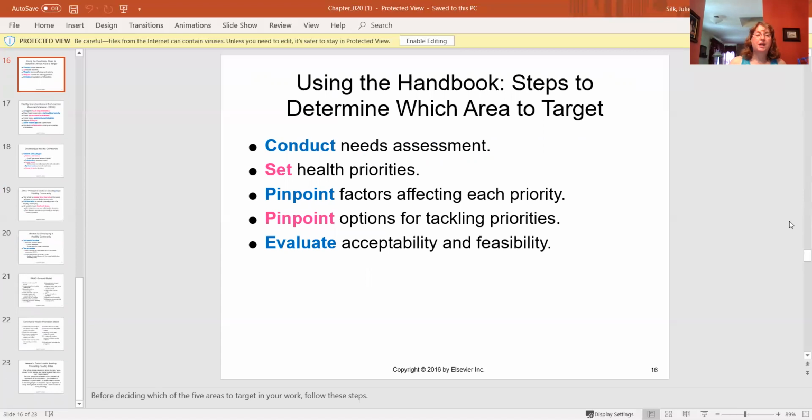When you use the handbook, there are steps to determine which areas to target. You conduct a needs assessment, you set health priorities, you pinpoint factors affecting each priority, you pinpoint options for tackling the priorities, and then you evaluate acceptability and feasibility. So before deciding which of the 5 areas to target in your work, follow those steps.